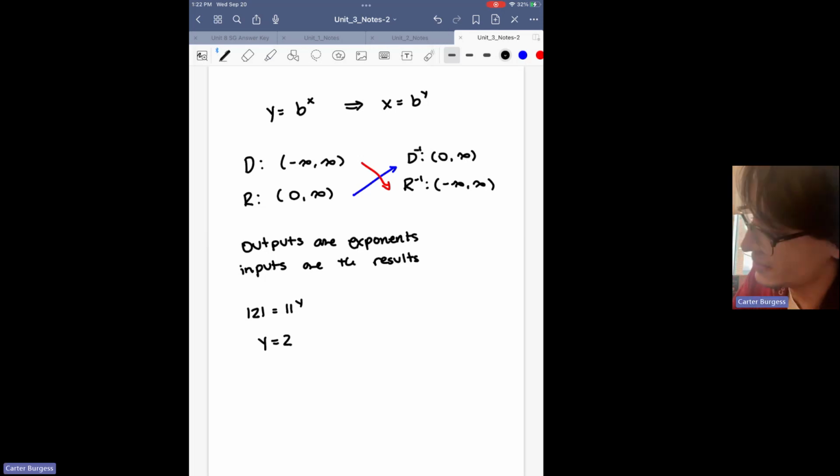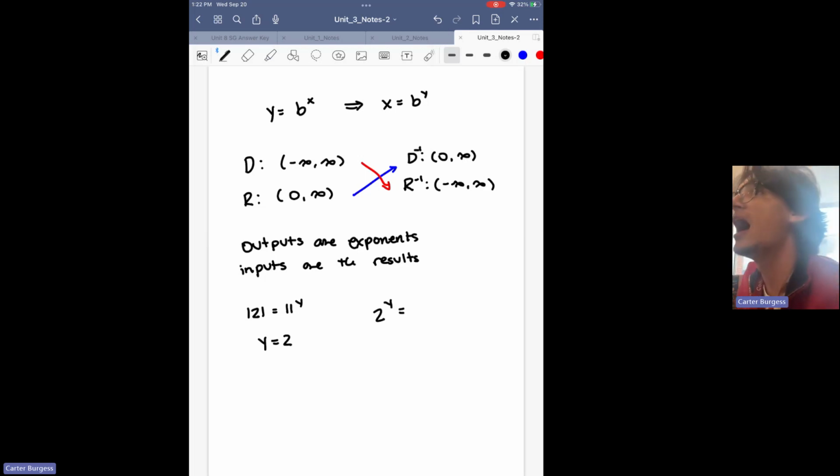Let's maybe say that we're looking at 2 to the power of y here. And we'll replace x by plugging in 1/8. Now, having that 8 in the denominator means what about my power? It's going to be a negative power.